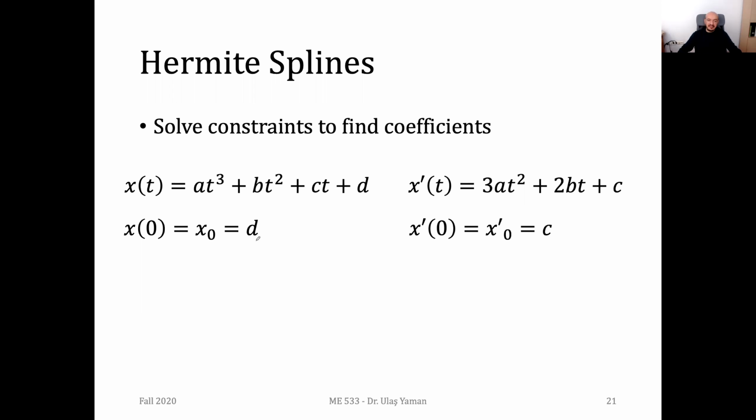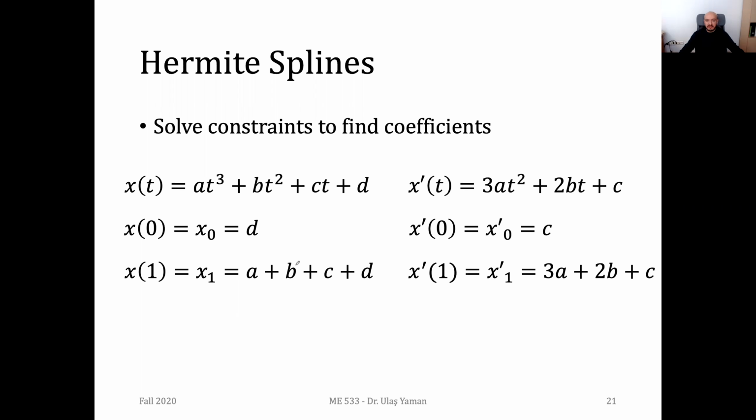So now d and c are represented in terms of constraints, simply by x0 and x0 prime. And we can do the same for the endpoint by simply using 1 here. And we have an equation for the derivative as well.